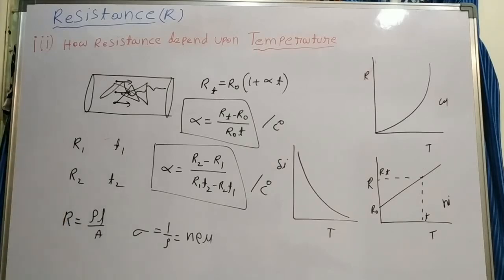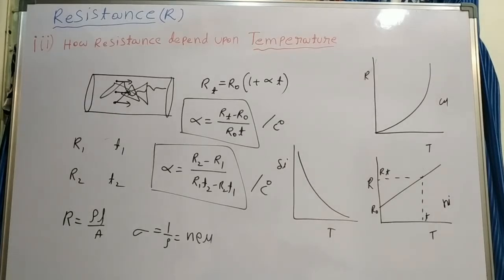There we have a negative temperature coefficient. For conductors and insulators, resistance increases on increasing temperature, so they have a positive temperature coefficient of resistance. For semiconductors, on increasing temperature, resistance decreases, so they have a negative temperature coefficient.